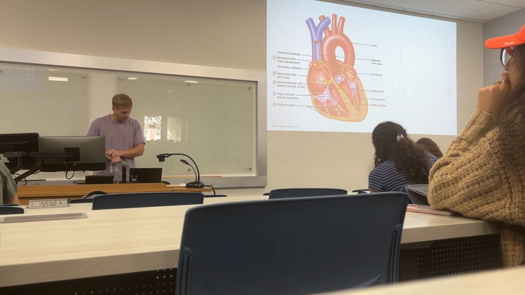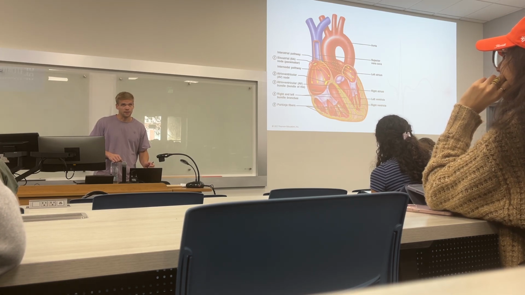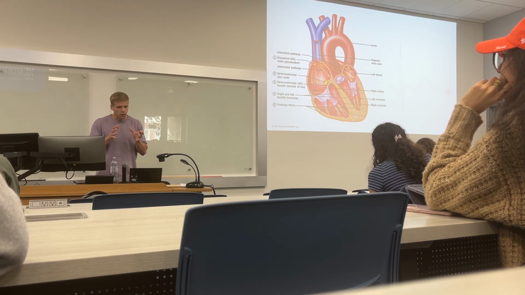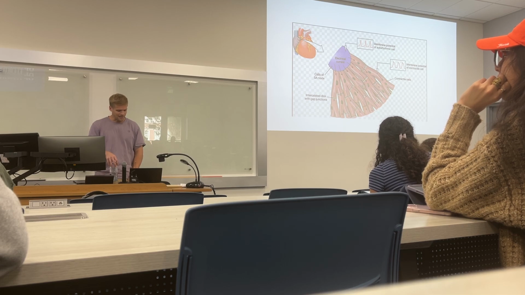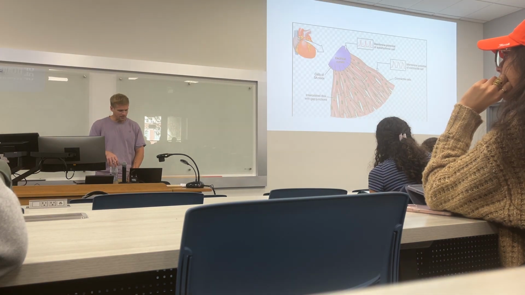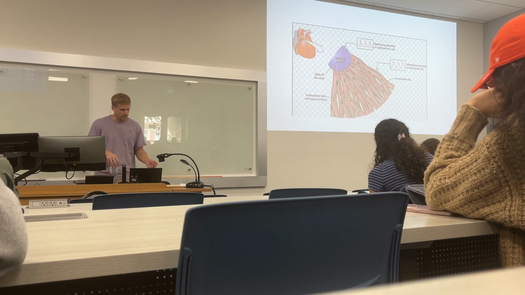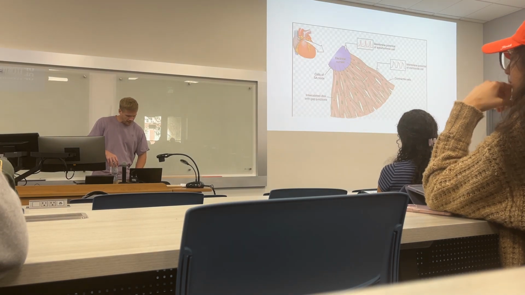Unfortunately, I get images like this, just trying to show the whole conduction system, which makes some degree of sense. But whenever you focus in on the sinoatrial node in an image, it's always kind of drawn like this, where the sinoatrial node is highlighted in purple.